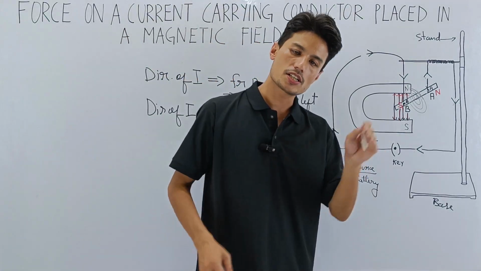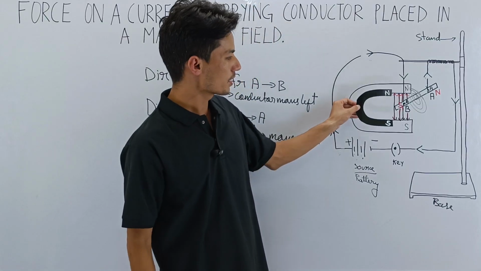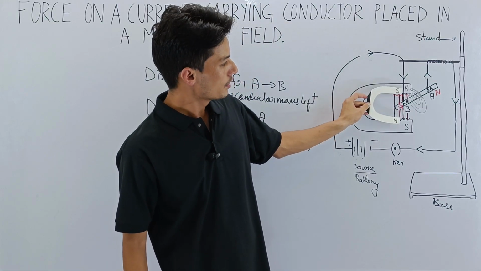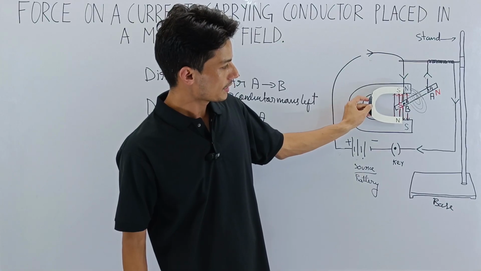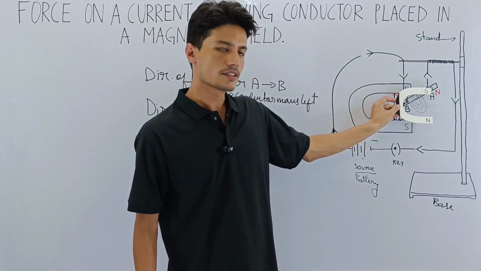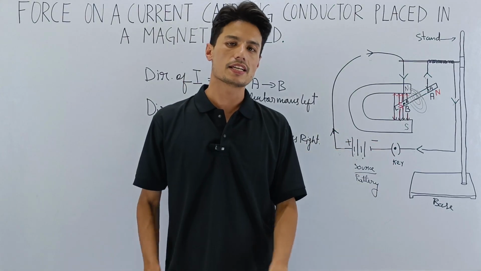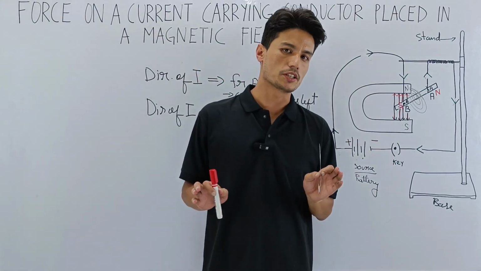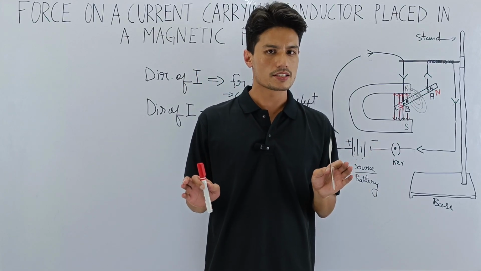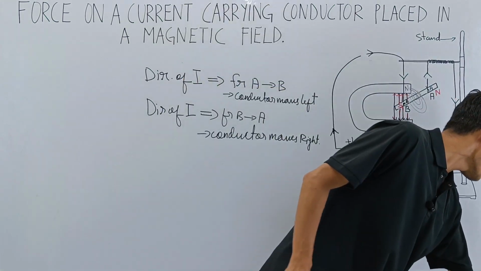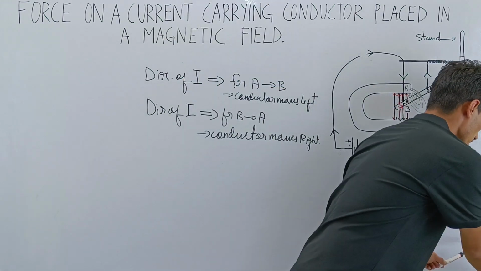If we change the direction of current, and if we also change the poles of the magnet, the direction of deflection can be changed in the current carrying conductor. That's what I want to tell you. I hope things are clear up till now, because that is what I wanted to teach.